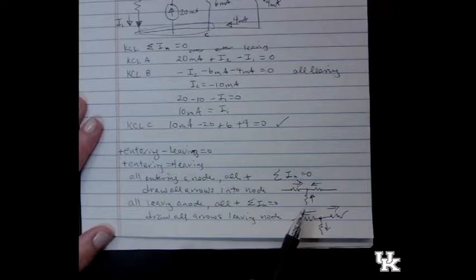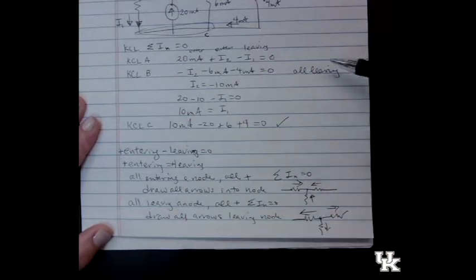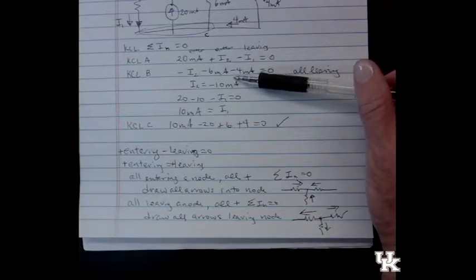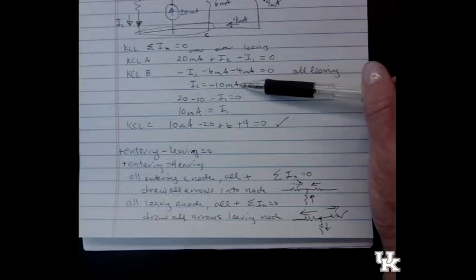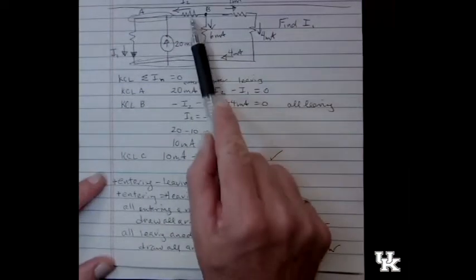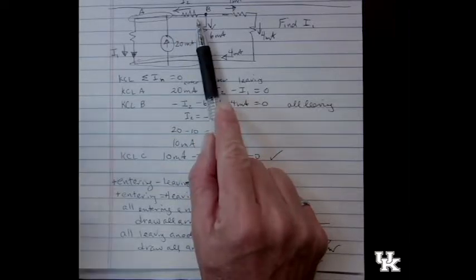All right. So you can see from my math up here where I said they were all leaving, and by my first logic that leaving is negative, I put a minus sign in front of all of them, and they sum up to 0. So one of the signs needed to switch in order to add up to 0. We found out that I2 was negative 10, which means on our picture, where we guessed an arrow to the left, it's actually 10 milliamps going to the right.